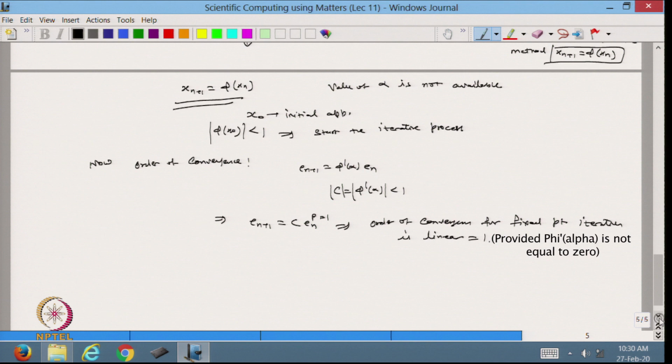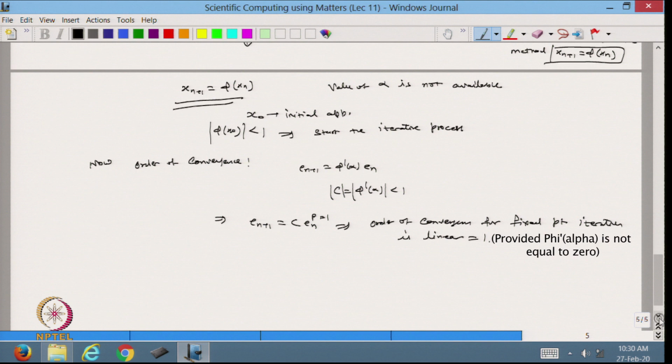So, let us do an example. Let me take f x is equal to x cube minus 2x minus 8 equal to 0. This is the cubic I have, and I want to find the root of this equation.